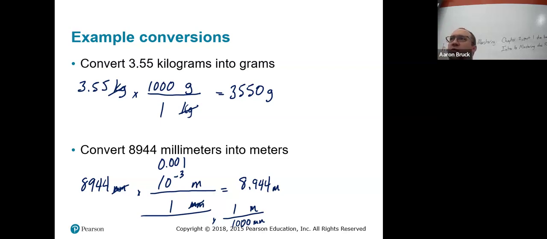Just make sure that you multiply the numerator and the denominator by the same number when you do so.